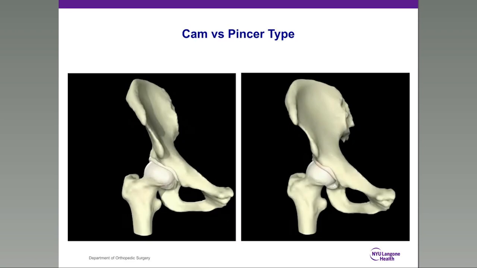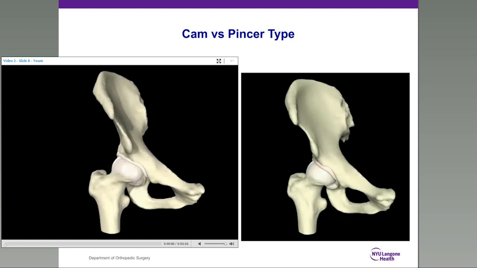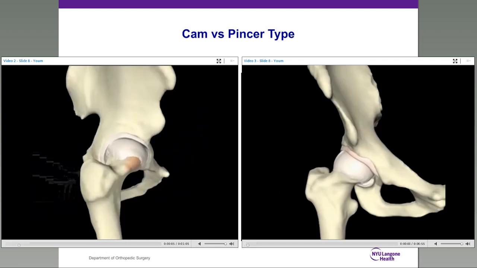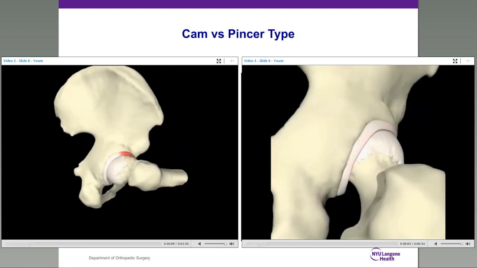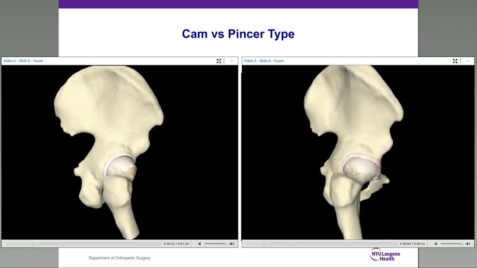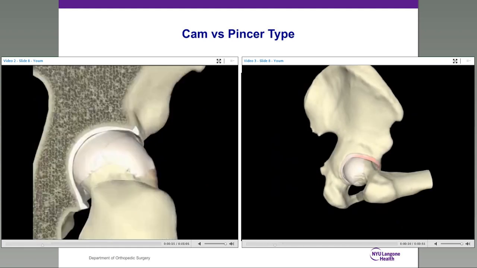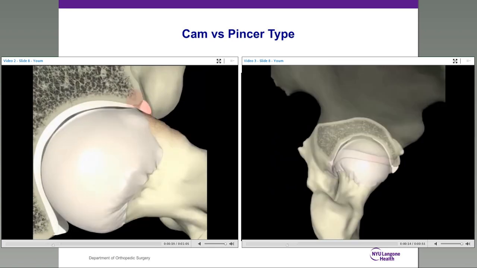So again, this is an animation showing an exaggerated cam lesion. You see prominence of the head-neck junction and how that disrupts the labrum. To the right, you see a prominent acetabular rim, and you see how that can lead to impingement.